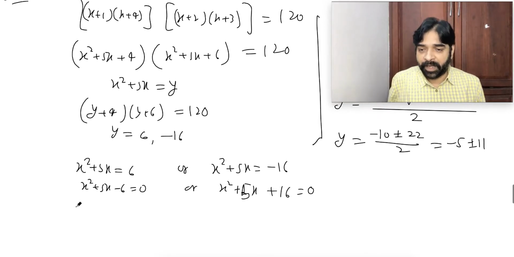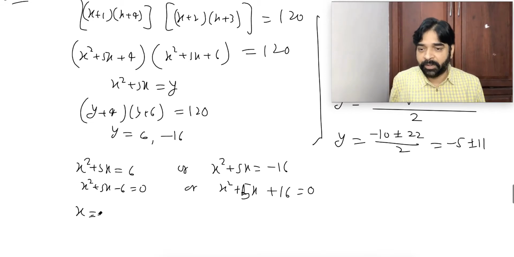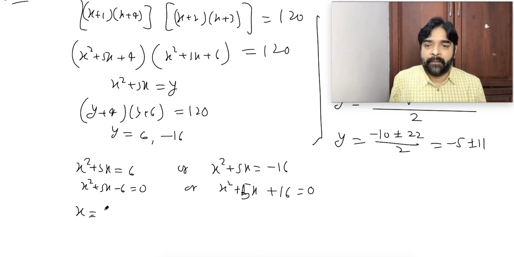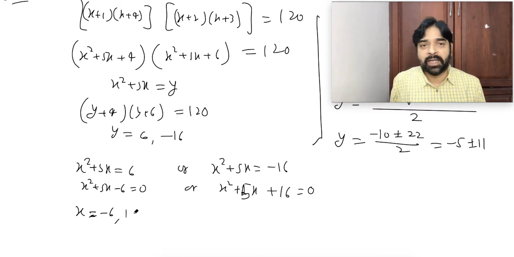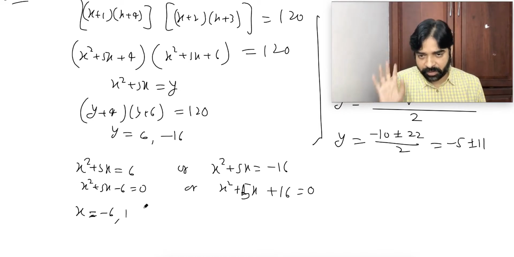From here, x will be very simple. What are the factors? Minus 6 and 1. Yes or no? 36 minus 30, yeah, correct.